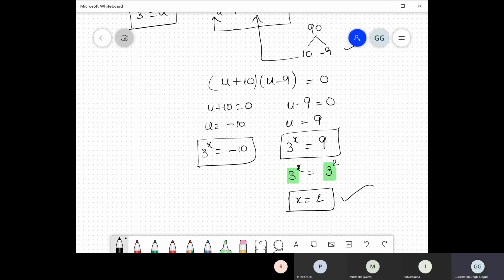How will you do this? You cannot express 10 as the power of 3. Would you change it to 3 to the power of 1 over 10?